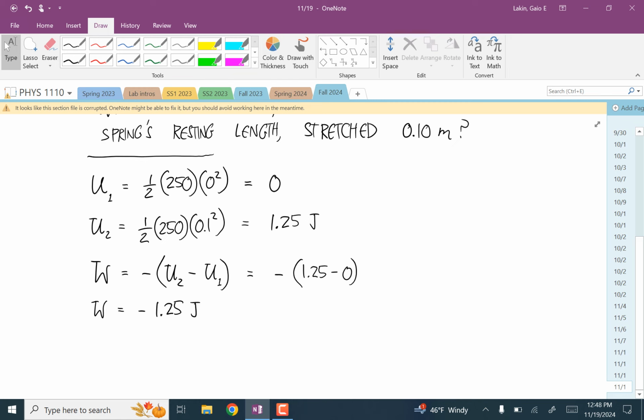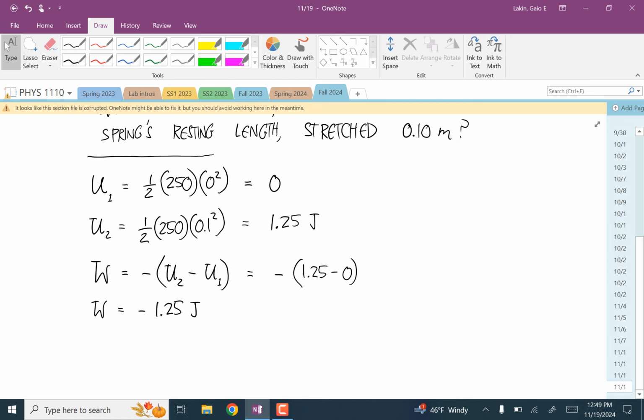Anybody have any questions that pop into your head before we get into conservation of mechanical energy using the full equation? You said we're stretching the spring farther away from where it originally was, and then it goes back. Right. So the spring doesn't apply any forces to something when it's at its resting length.